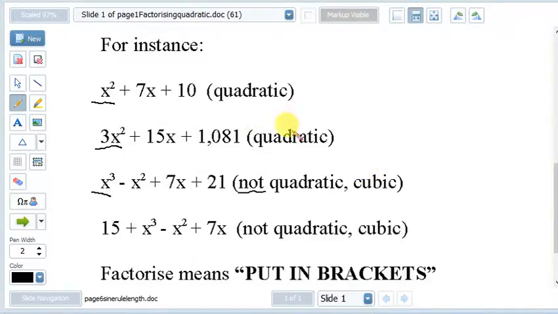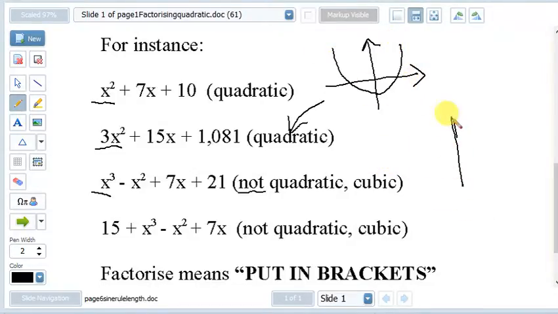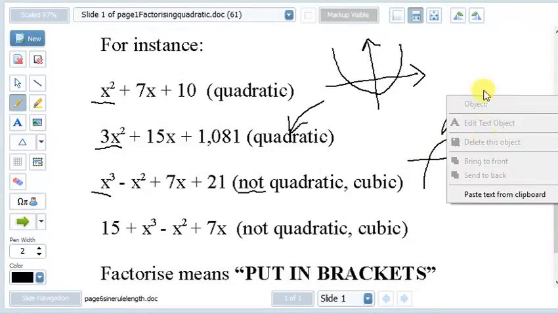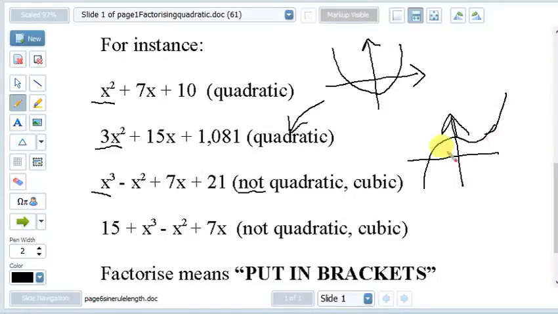So basically a quadratic, and this is from a previous lesson, in general makes a U-shape, which is called a parabola, and a cubic makes a shape like that. Okay? Bit smoother than that, but again, drawing on a computer is not exactly easy.